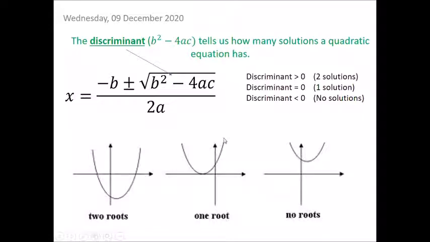If the discriminant is equal to 0, there will be exactly one solution, and my quadratic will intersect the x-axis once. And if my discriminant is less than 0, we can't square root a negative, so there are no solutions.